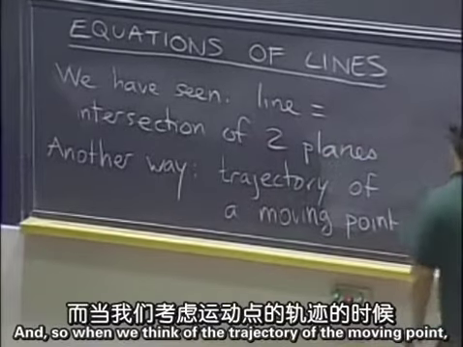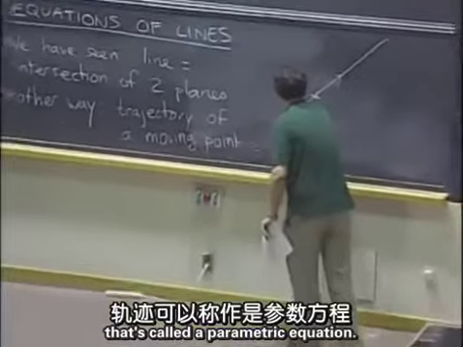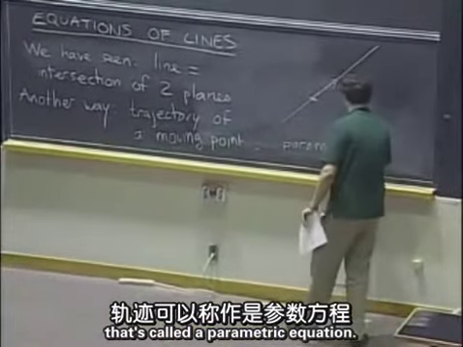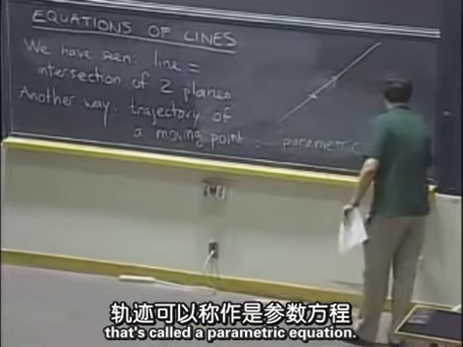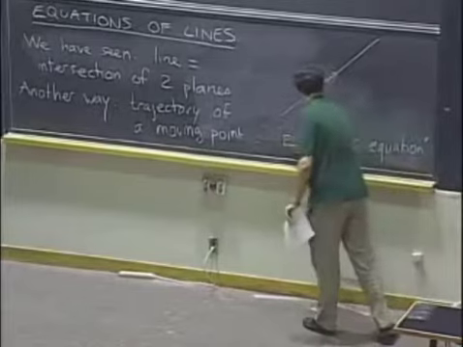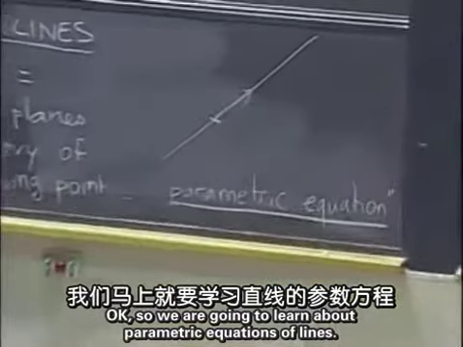When we think of the trajectory of a moving point, that's called a parametric equation. So we're going to learn about parametric equations of lines.